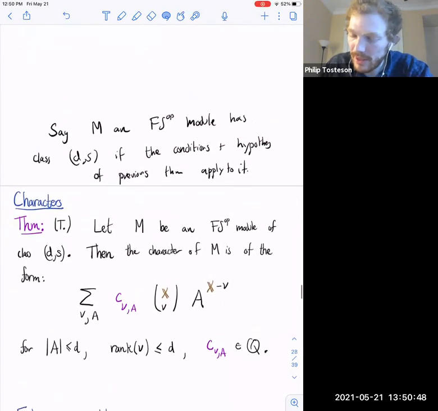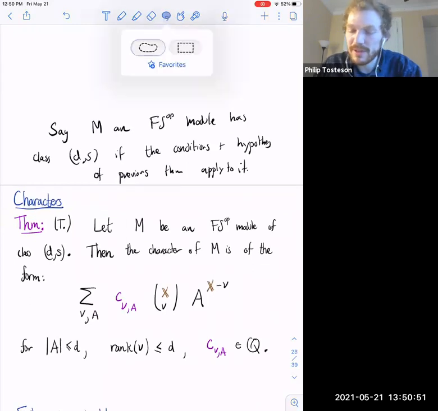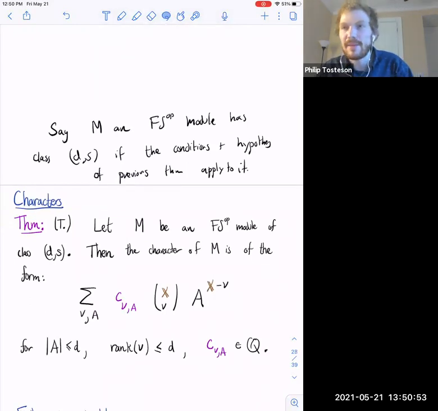Okay, and then the theorem that I said before says that every module has type DS for some choice of D and some choice of S. So if you have an FSop module of class DS, then what I proved is that the character of M takes this form. It's a sum of x choose nu times a to the x minus nu, where A has bounded size and nu has bounded rank.